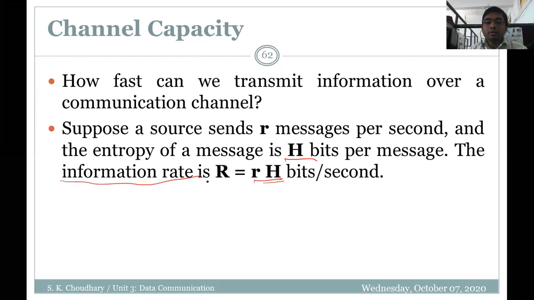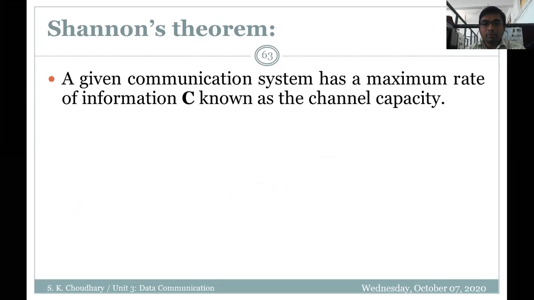Now we will establish a relationship between this information rate and the channel capacity. For this, Shannon has given a theorem. According to Shannon's theorem, a given communication system has a maximum rate of information C, also known as the channel capacity. Channel capacity is nothing but the maximum rate of information.